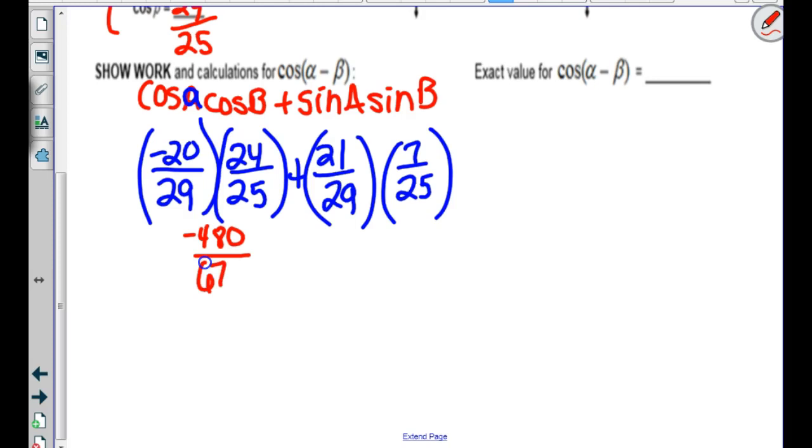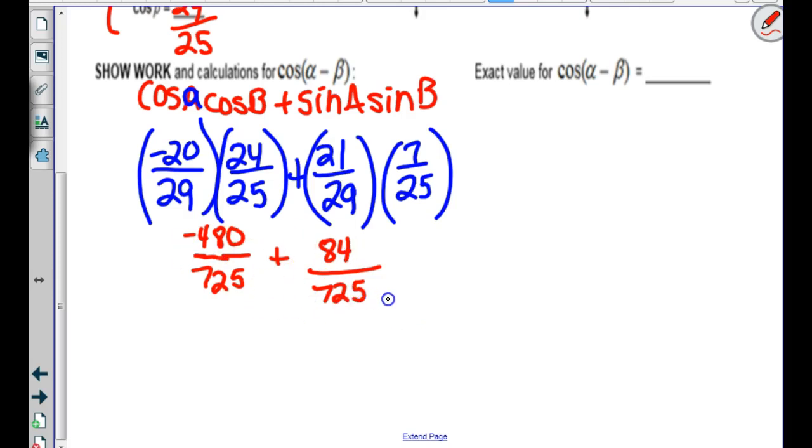675? 725? Did I do the top right or not? 24 times 20 negative? Yeah, that's right. Okay, 21 times 7 over here, I think is 84. 29 times 25 is 725. Now what do we do?